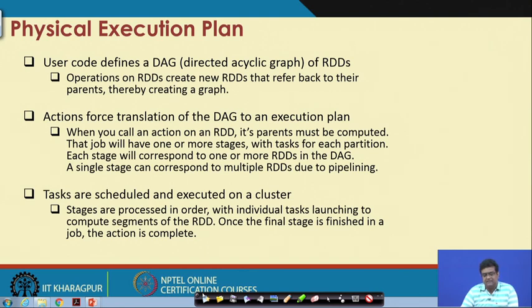The computation of an RDD may involve one or more than one stages, and tasks are scheduled and executed on the cluster. Stages are processed in a certain order, and individual tasks for computing these stages are launched on each of the machines until the whole job or the action is complete.